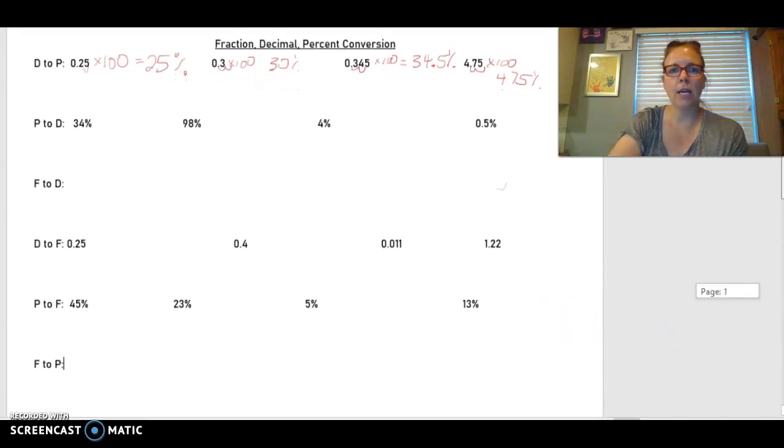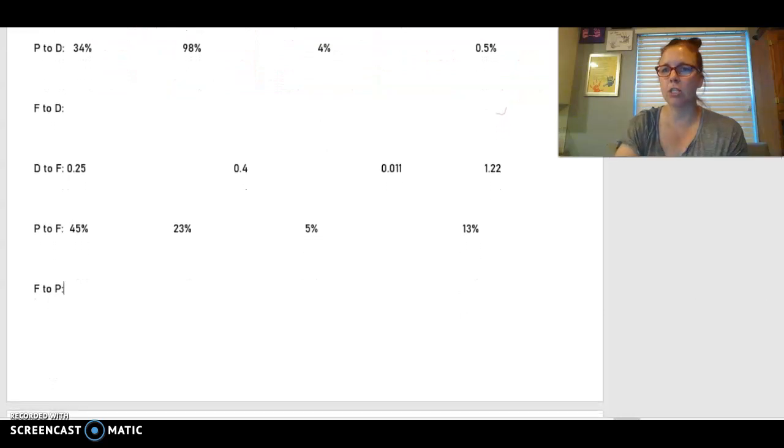Okay, now we're going to do percent to decimal. So it's the opposite. Instead of multiplying by 100, we're now going to divide by 100. I was taught once that the percent sign is just a division sign turned on its side. So when you see that, you're going to divide.